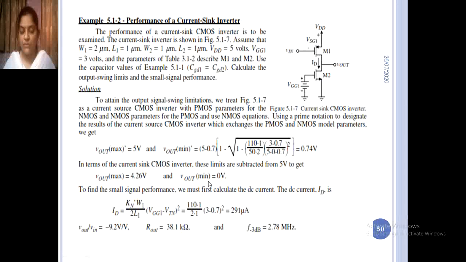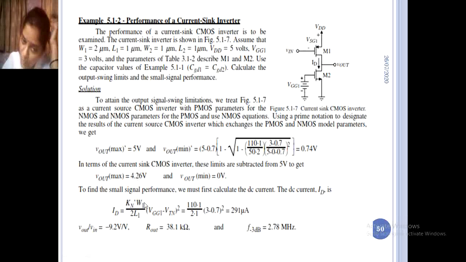Then Vout min is equal to the minimum value of this, which is 0.5 to 5 to 0.7. So the value comes like this. In terms of the current sink CMOS inverter, these limits are subtracted from the 5 volt supply. So Vout max is 4.27 and Vout min is equal to 0.